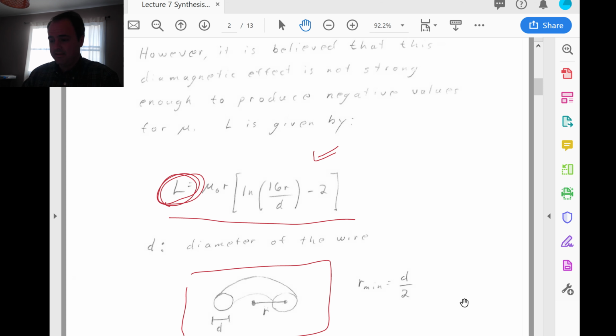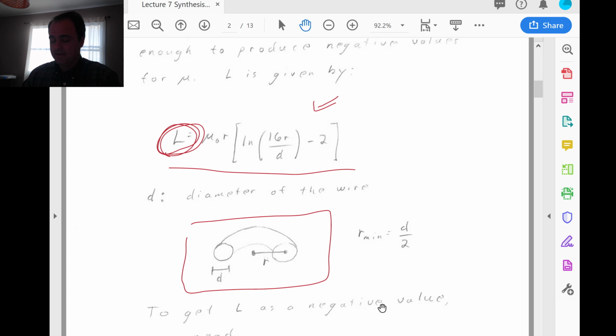So we can plug that in, r min. The smaller the argument of the log, the better the chance that we'll be able to get this negative. The smaller x is, the smaller log x is; it's a monotonically increasing function. So we want to get this minimized. To minimize that, we minimize r.